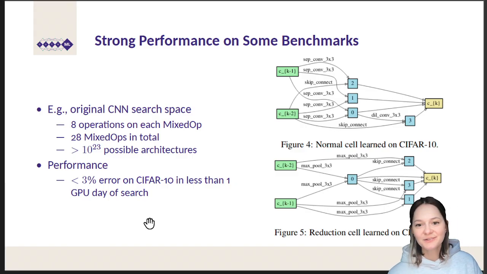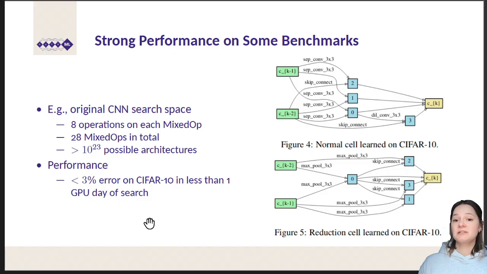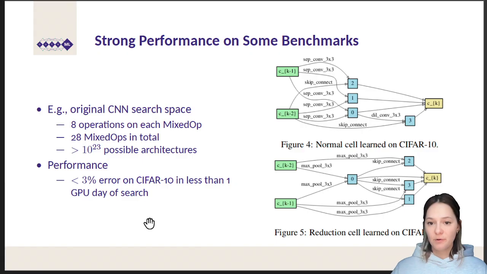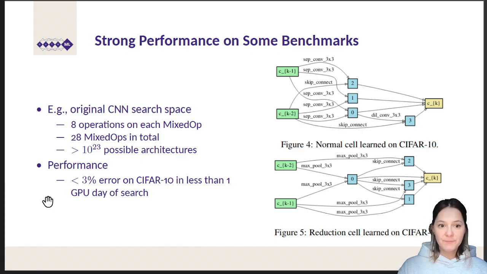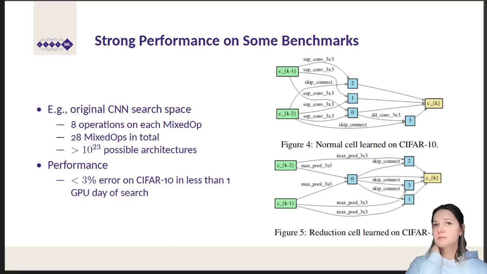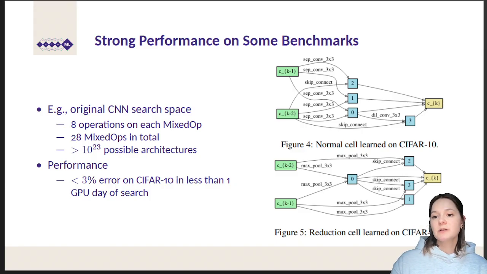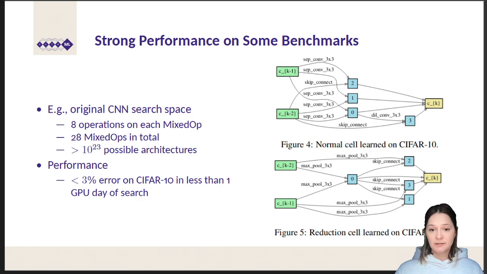So it's a fairly complex space and eventually leads to more than 10 to the power of 23 different possible architectures. And it does not only search for one cell, which we have seen, for example, in one-shot NAS or different search spaces. It searches and optimizes for 2 different types of cell, a normal cell as well as a reduction cell.